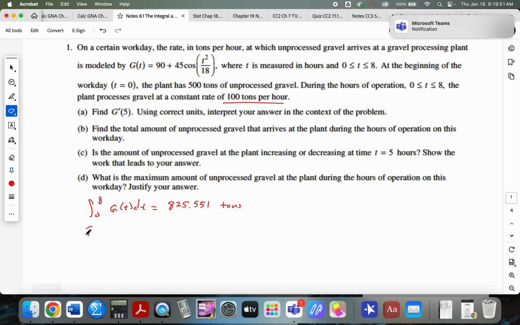So if A of t is the amount of unprocessed gravel at the plant, A prime of 5 is going to be equal to g of 5 minus 100.